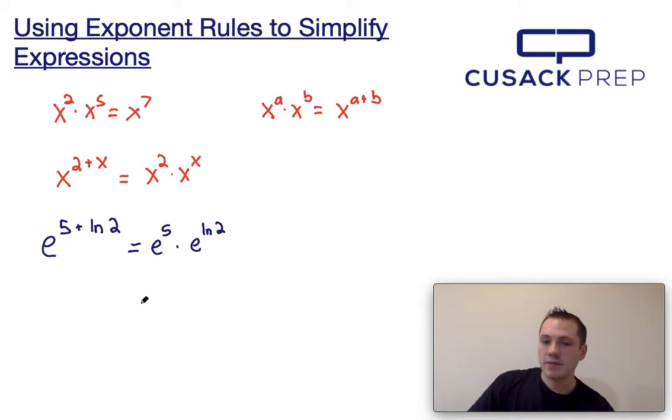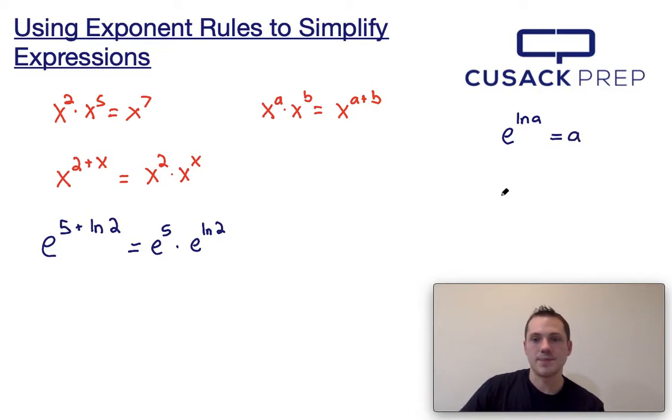Now, you may or may not remember some of your logarithm rules, and we'll go ahead and write them out here. If you have e to the ln of anything, that's always just going to equal whatever that anything is. If you have, let's say, a to the log base a of x, so the base of your exponential matches the base of your logarithm, that's just going to equal x.